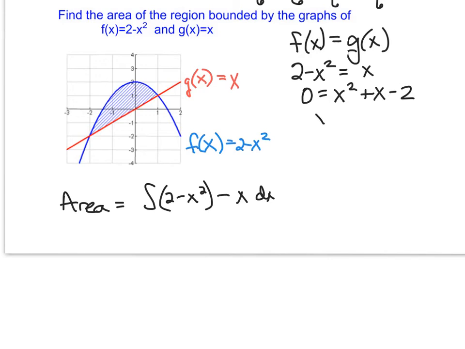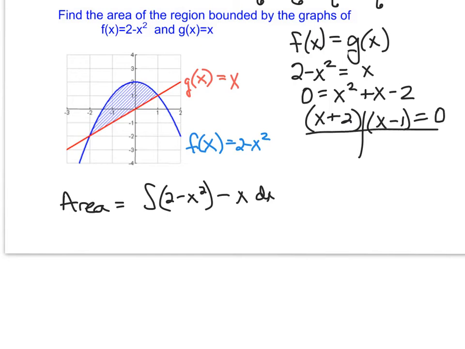This one happens to be factorable, so I'm going to say x plus 2 times x minus 1. Now, if we have any situations where I cannot algebraically solve by doing something like factoring or possibly quadratic formula, then yes, we will be using our graphing calculator to find intersection points as well.